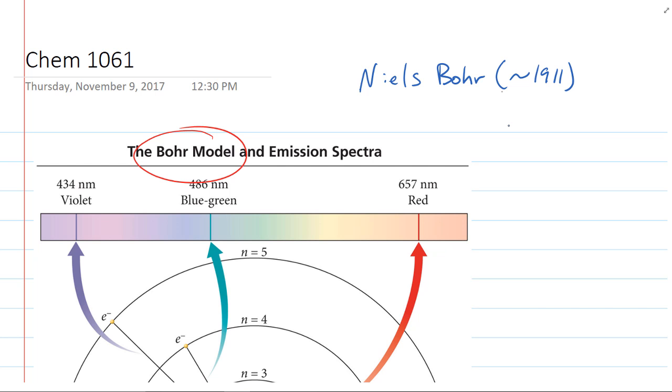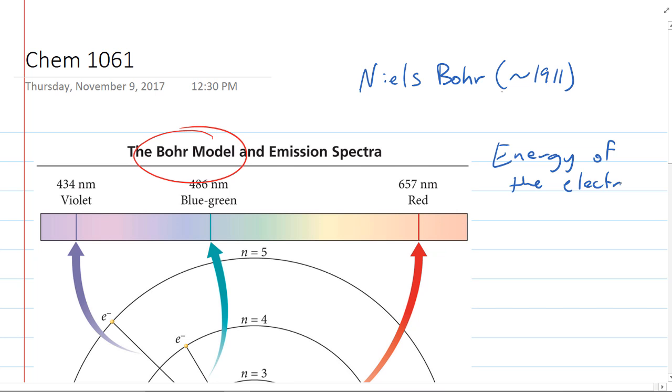Bohr came up with this explanation. What Bohr said was that the energy of the electron was quantized. And what that means is that the electrons could only have certain very specific energies and not any others.